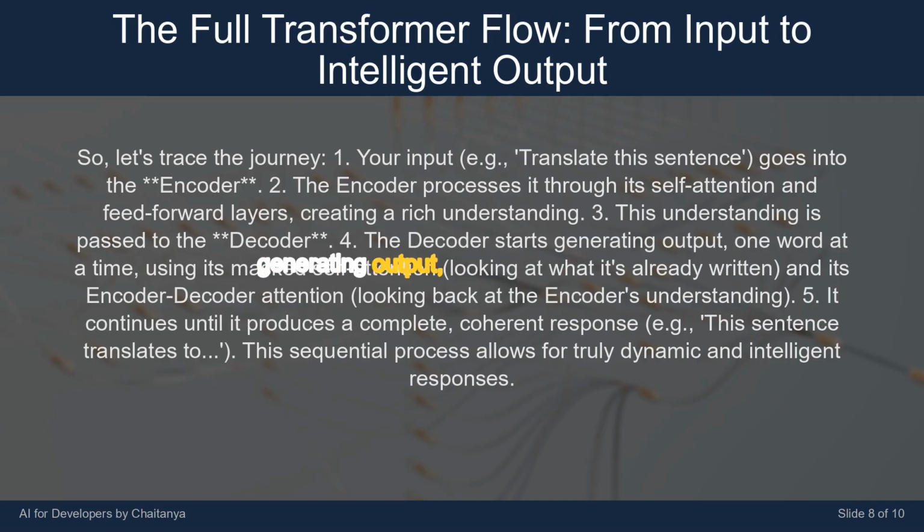The decoder starts generating output, one word at a time, using its masked self-attention, looking at what it's already written, and its encoder-decoder attention, looking back at the encoder's understanding. 5. It continues until it produces a complete, coherent response. E.g., this sentence translates to. This sequential process allows for truly dynamic and intelligent responses.